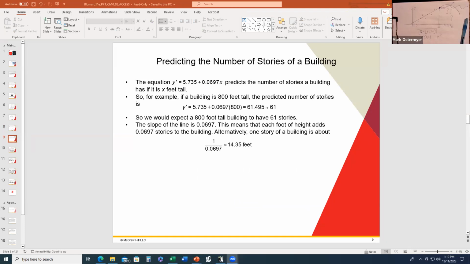And therefore, to make a prediction of the number of stories, we put 800 in for X into our linear regression equation. And then we just crank out the value, which would be 61 stories, the predicted number of stories for a building that has a height of 800 feet.